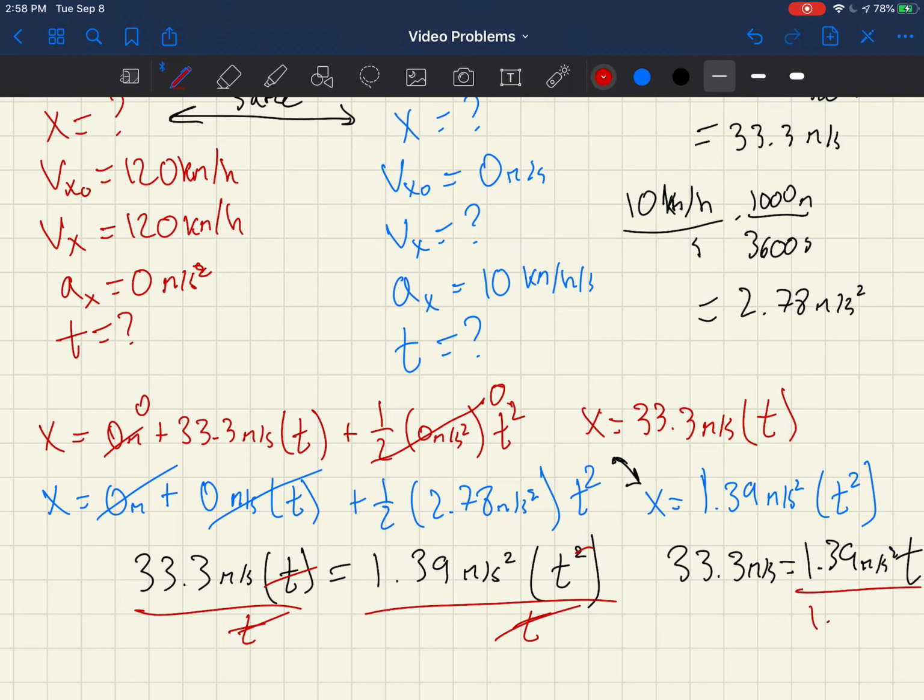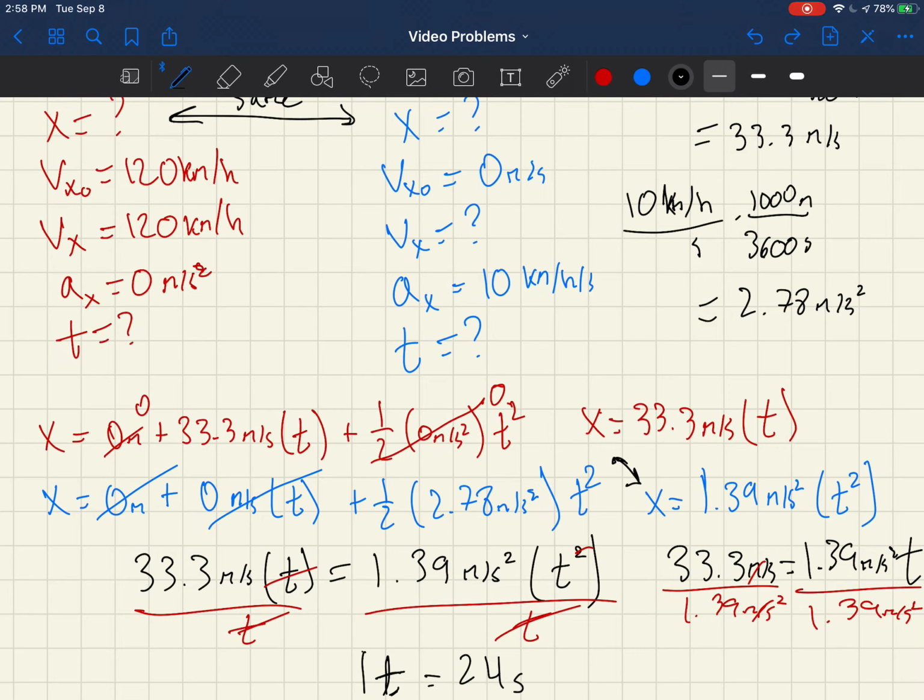Now I'm going to divide both sides by the 1.39 meters per second squared. You see the meters per second cancel out, we have per second, which is just seconds. So we're left with t is equal to 33.3 divided by 1.39, and we get 23.95 seconds. Let's just round up to 24.